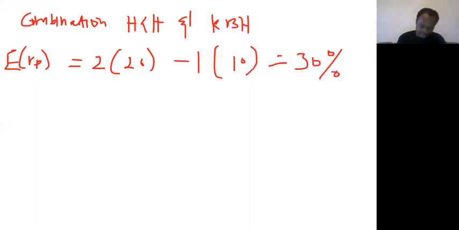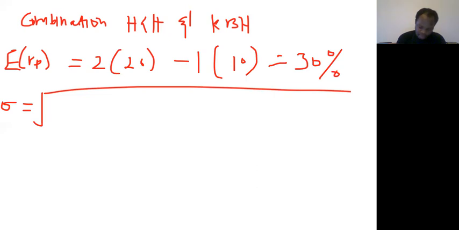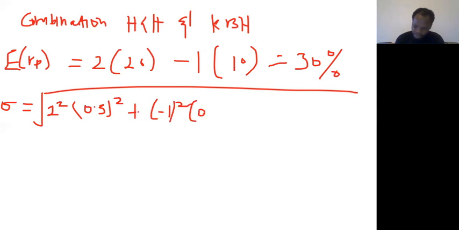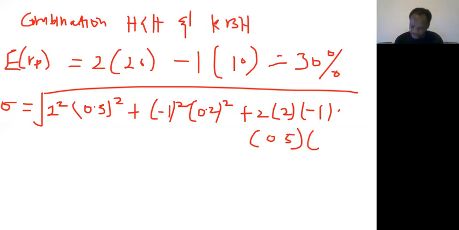So the volatility of this one becomes the square root of 2 squared multiplied by 0.3 squared, plus minus 1 squared multiplied by 0.2 squared, plus 2 multiplied by the weights, which are 2 for the first one and minus 1, and then the correlation, which is 0.5, and the volatility of the two stocks involved, which is 0.3 and then 0.2.